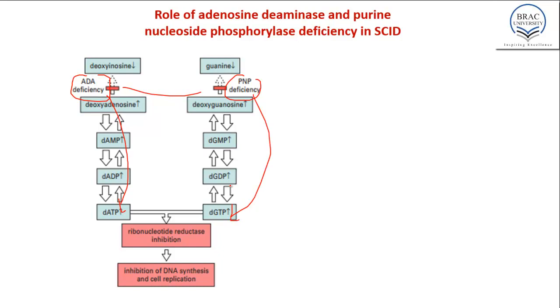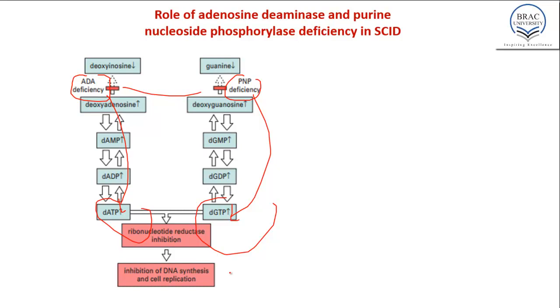These metabolites, dATP and dGTP, inhibit the enzyme ribonucleotide reductase, which is required for DNA synthesis and therefore for cell replication. As a result, T cells die due to the toxic effect of high dATP and dGTP. Near complete loss of T cells occurs in SCID.